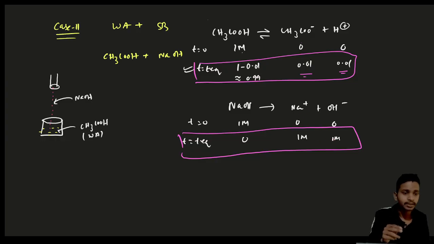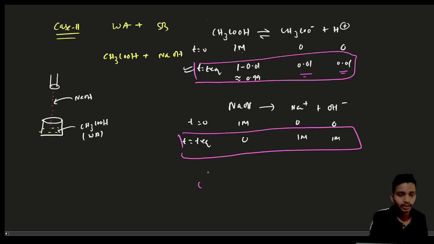then this will go, and this is present, this and this, so this will react with a small amount of this one, and it forms a small amount of CH3COO minus, that reacts with the NaOH I am adding.